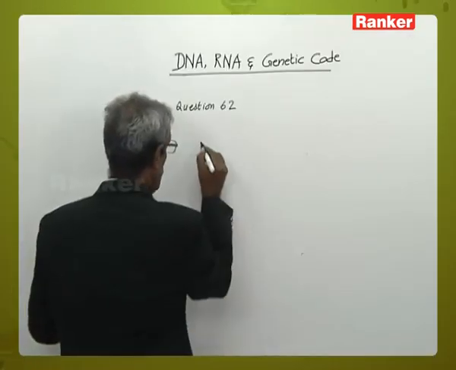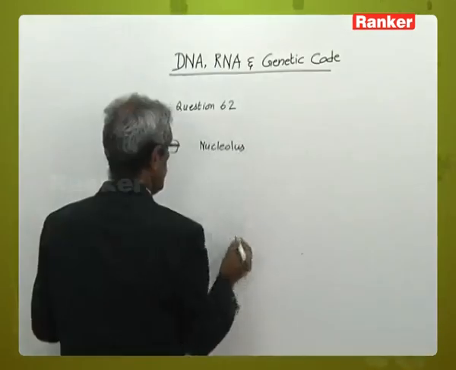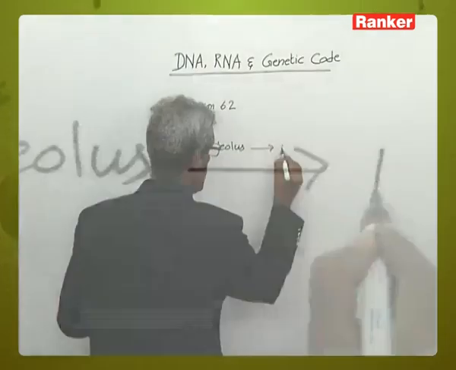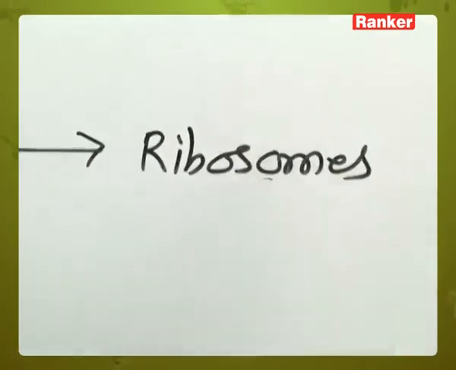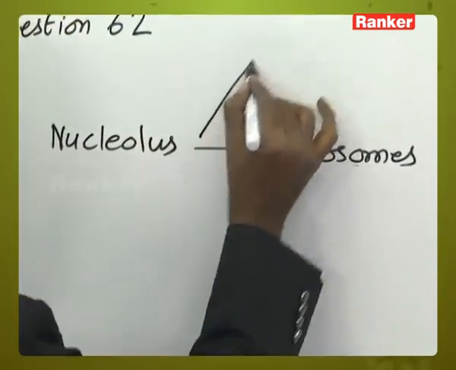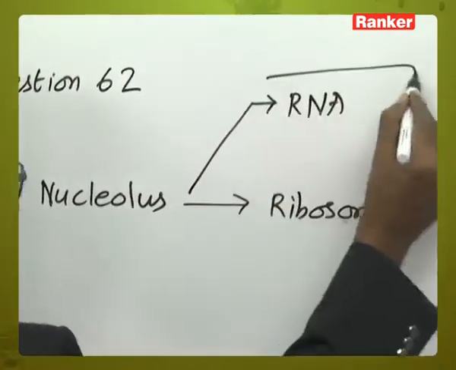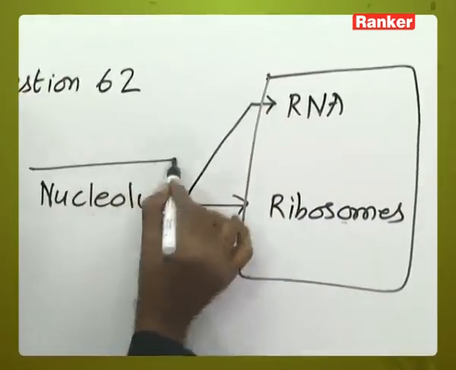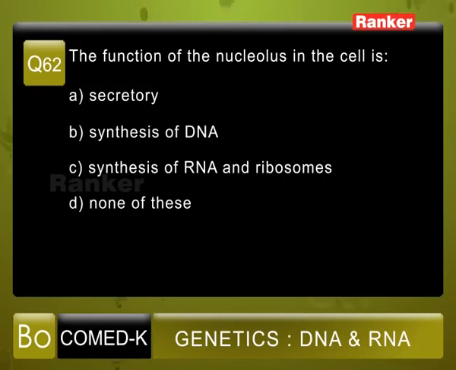If you take the nucleolus, it is involved in the synthesis of the ribosomes, along with RNA. So, RNA and ribosomes and the nucleolus are related to each other. Hence, the answer is C.